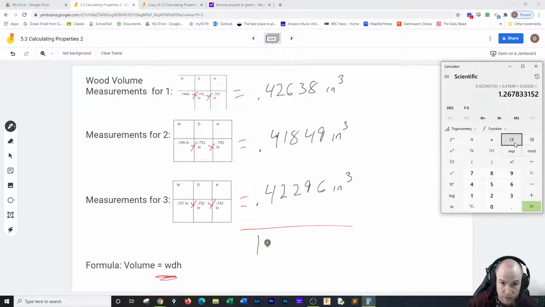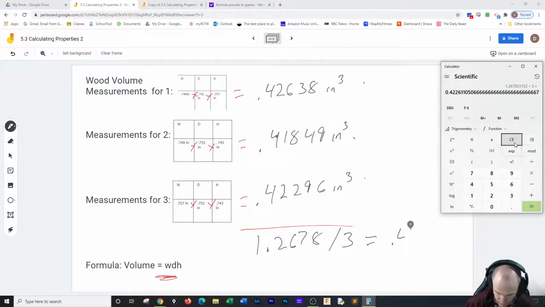And that's going to give me 1.2678, which is enough. And to find the average of those, I have to divide by the number, 1, 2, 3. So divided by 3 is going to equal 0.422. We'll say 0.422 inches cubed. So that would be my volume for the wood.